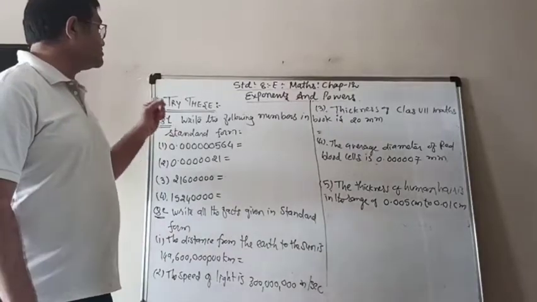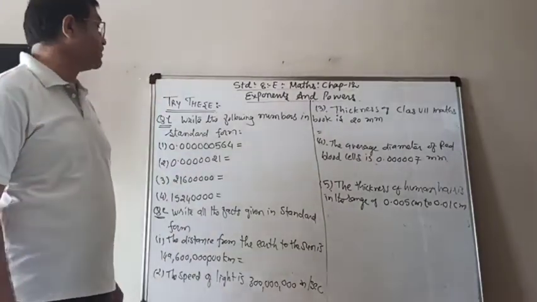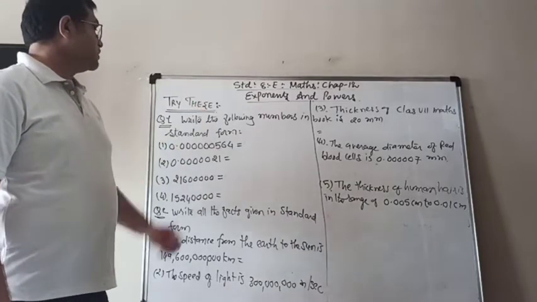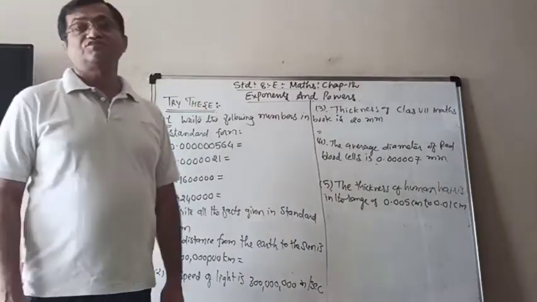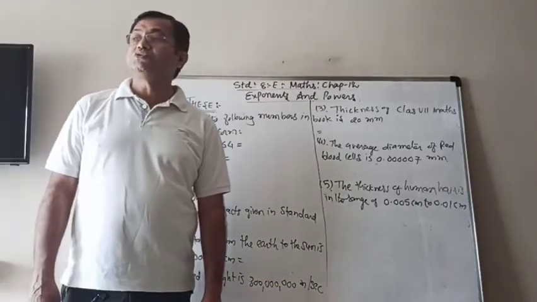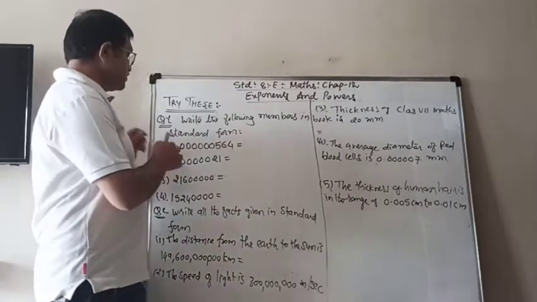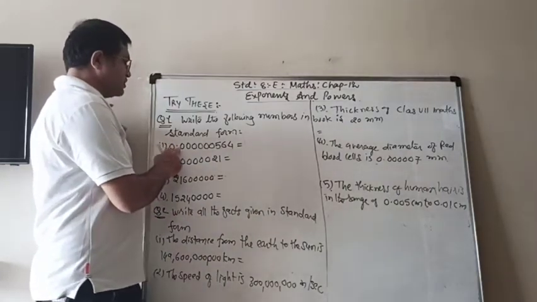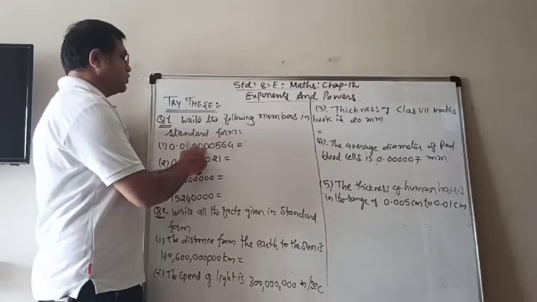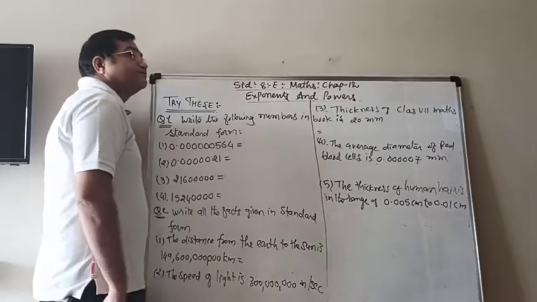Now let's do the Try This on page number 199. In question 1, some numbers are given and we have to write them in the standard form. The first number is 0.000000564.